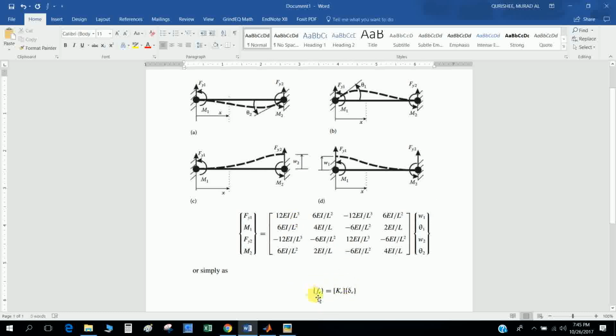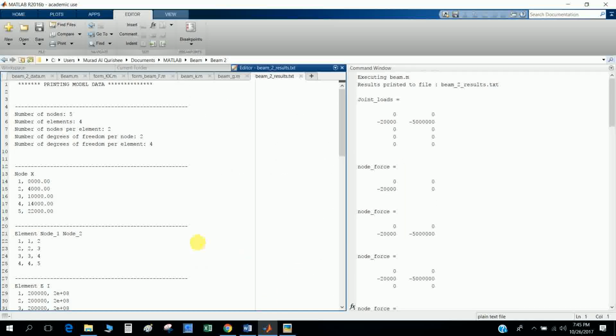In short form, it is defined like this, where W1 means the displacement at node number 1, W2 means node number 2 displacement, theta 1 means rotation at node number 1, and theta 2 means node number 2 rotation, and Fy1 and Fy2 are there, M1 and M2 are there, and in short form it is here. So let's go to the main file.